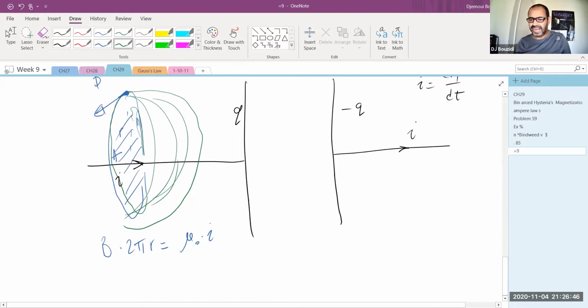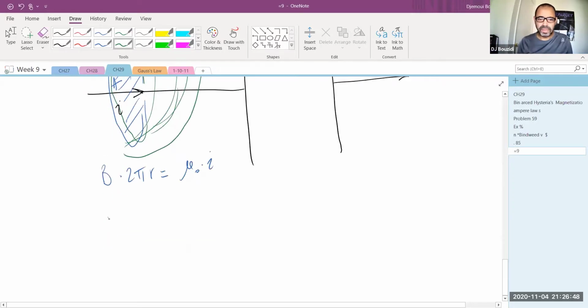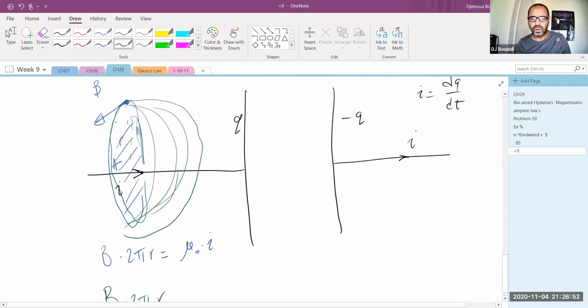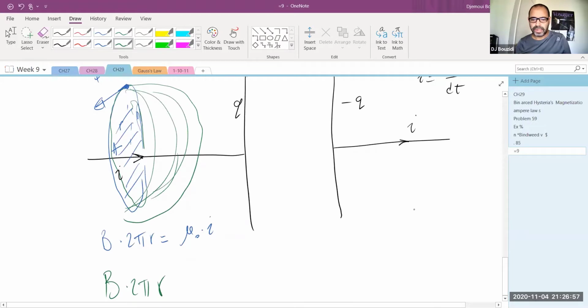On one side, B times 2 pi r doesn't change, because you are still enclosing that path with the new area. On the other side, it's mu naught times I that passes through this area, which is the same I, because it's the same wire. So there is no problem.